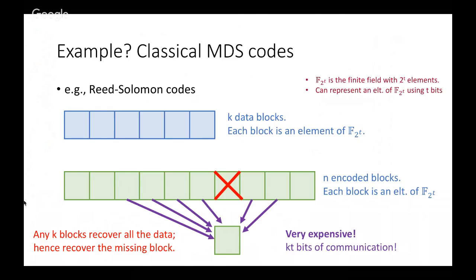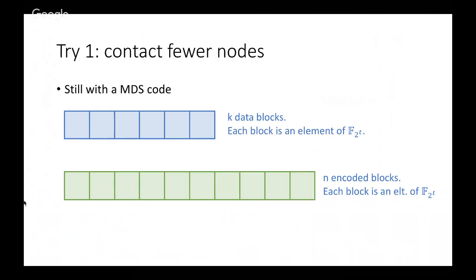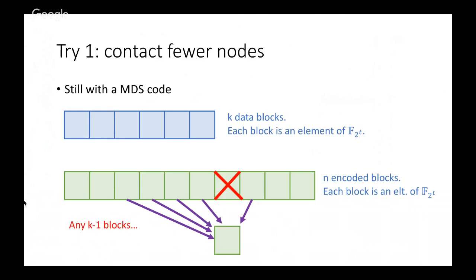So it's very natural to ask if we can do better. The first thing we might try to do is contact fewer nodes. So suppose we still have an MDS code, same picture. One node fails. Now let's try to contact k-1 nodes instead of k. It turns out that this is also not a very good idea, because any k-1 blocks here actually tell you nothing at all about the missing block, literally nothing at all. The reason is that this follows pretty much immediately from the MDS property.